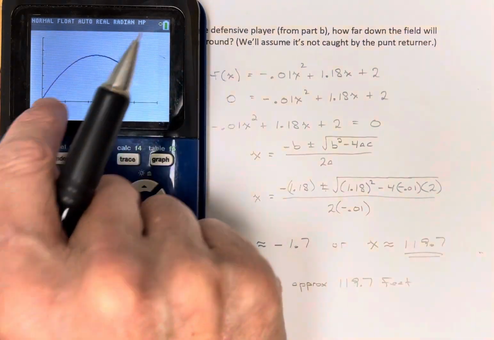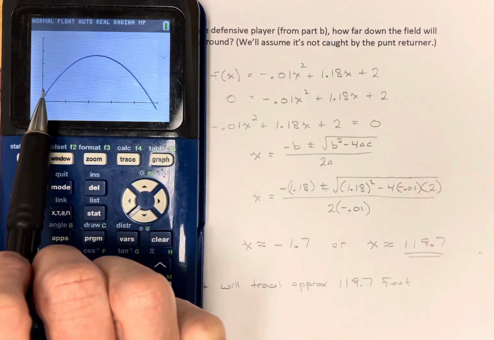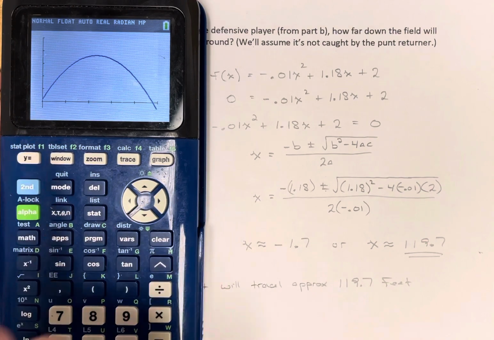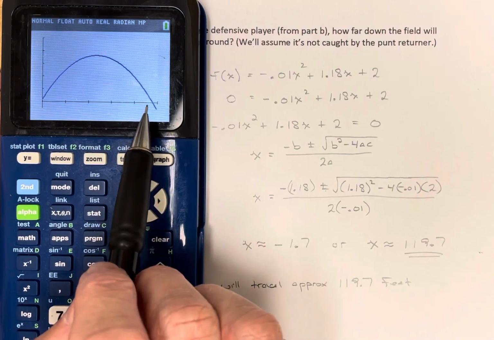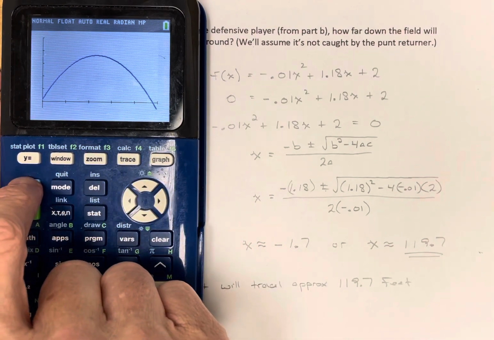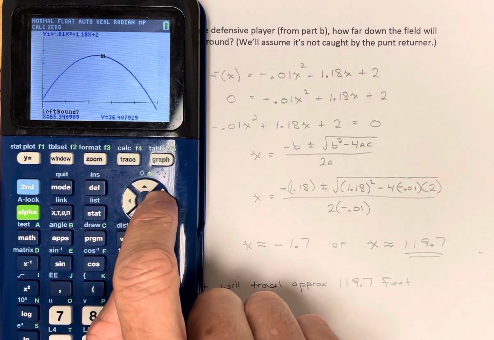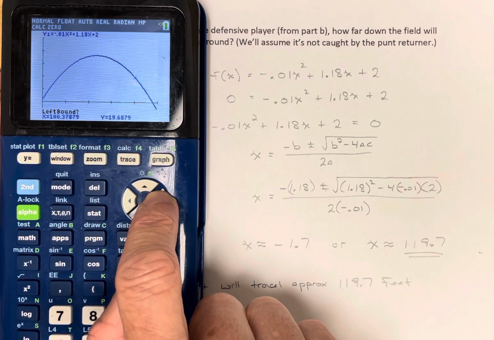There we have it. Okay, so point of impact. Notice it's a little bit above the ground. The origin is just below that. So there's the point of impact, there's my max, and there's where it touches. So let's find that point right there. So second calc, zero. But I want the zero that's over here to the far right, where the punt hit the ground.